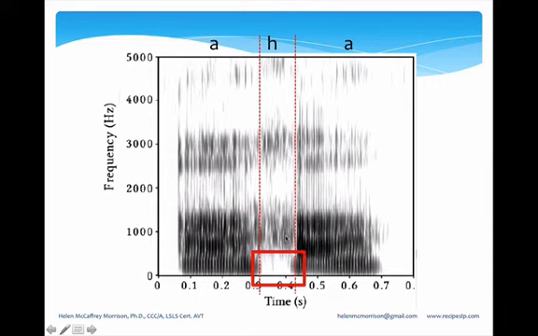Now you may be taken aback by how we see the formants extending across the production of the h, and that's because we don't produce sounds ah and then h and then ah. We say aha, and when I say aha, I'm keeping my jaw open for the ah, and I'm simply moving my articulators to create the h.